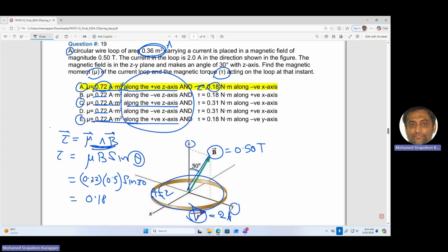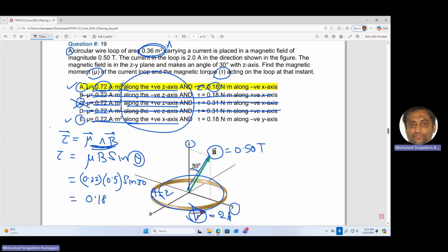Now you eliminate this. C is out because, okay, so you have either A or E. Now that depends on the direction.